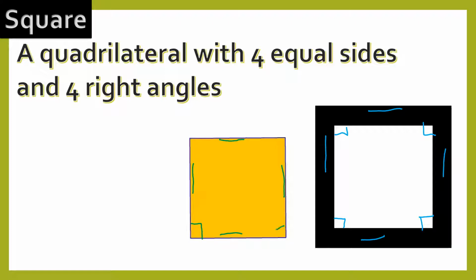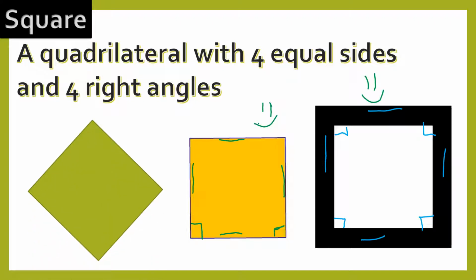Four right angles. This is a square. This one is too. Last one. What about that guy? Sometimes when you turn a shape on its side, it confuses kids, but technically, right angle, right angle, right angle, right angle, and they all have the same size. So this is a square. Just because you spun it doesn't make it different.